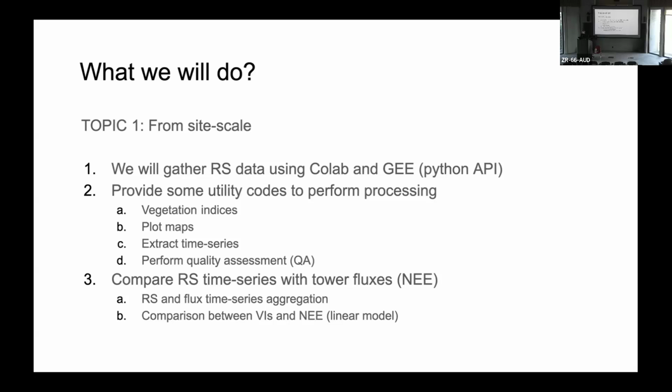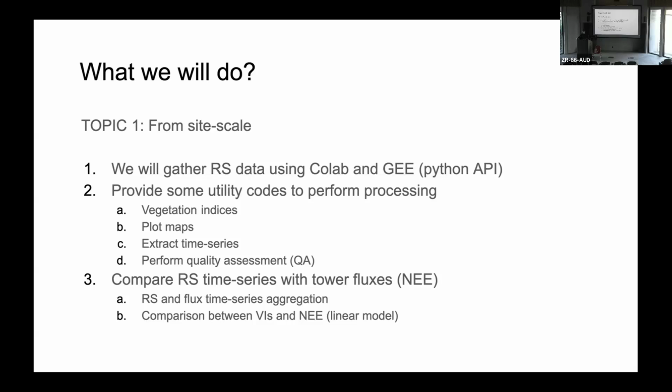The Python API is basically a nice way to connect to Google Earth Engine without actually learning JavaScript, which is the language Google Earth Engine is based on. We will do some processing. The idea is to provide you with some utility codes that you can use for your own data. And here are just a few examples of how those codes work.